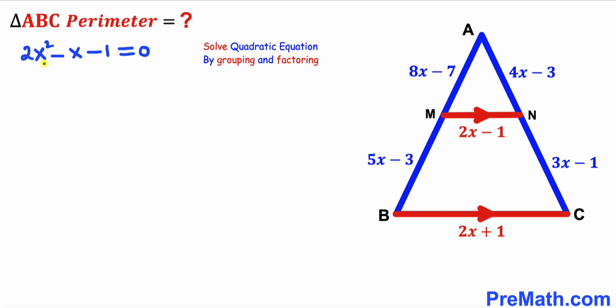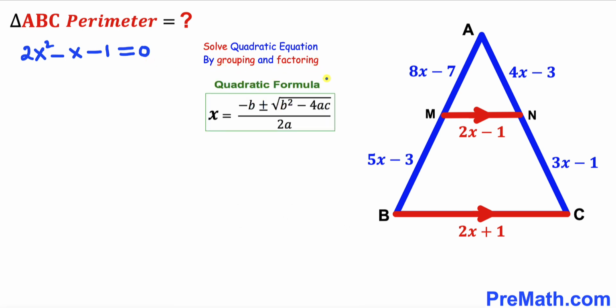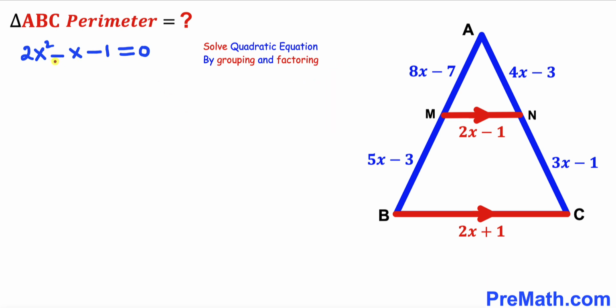So we end up with this quadratic equation, 2x squared minus x minus 1 equals 0, and we are going to solve for x by grouping and factoring. You may use the quadratic formula as well. Now we are going to tweak the middle term. This negative x can be written as negative 2x plus 1x.